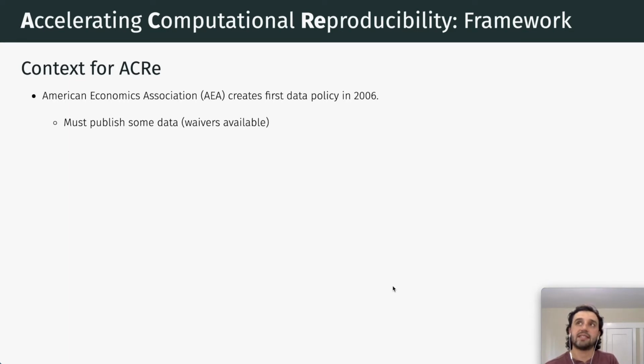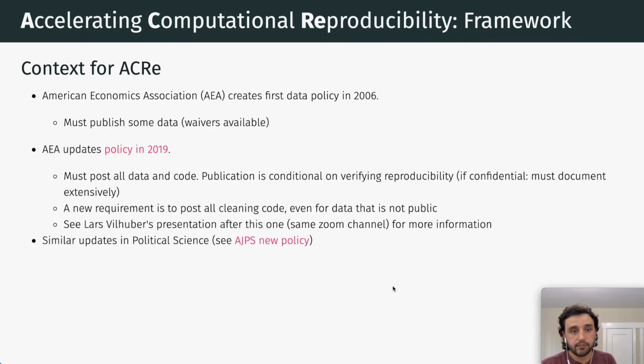In 2006, the American Economic Association created its first data policy, and the policy back then was, if you want to publish in any of the, I think it was then 6 journals of the AEA, you should publish some data, and there were waivers available.